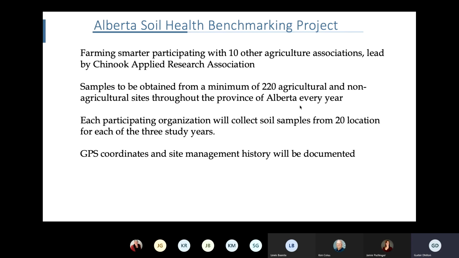GPS coordinates will also be recorded for each of these sites. Farming Smarter is participating with other agricultural associations in this project, and each of the associations will be responsible for sampling 20 locations. Farmers can also contribute to the benchmark inventory samples if they wish.